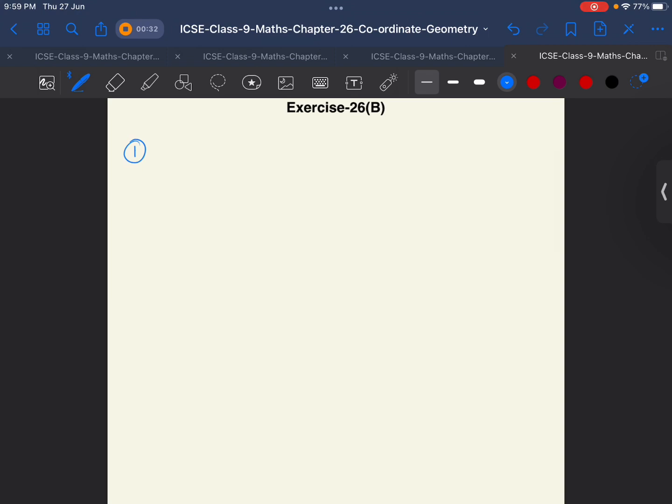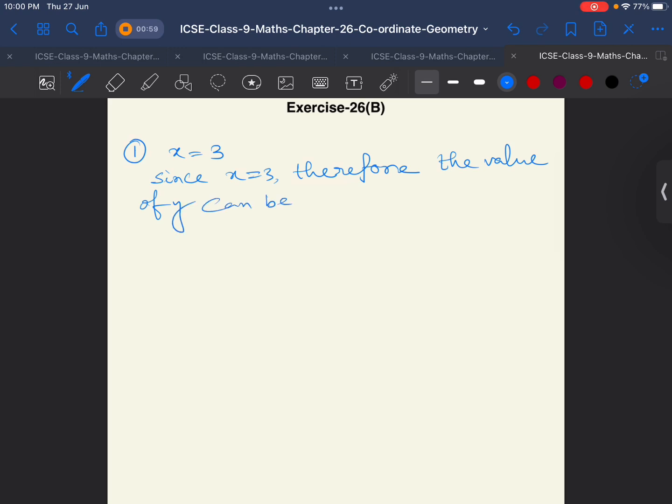First question: draw the graph for each linear equation given below. First equation, x equals 3. Since x equals 3, therefore the value of y can be taken as any real number.